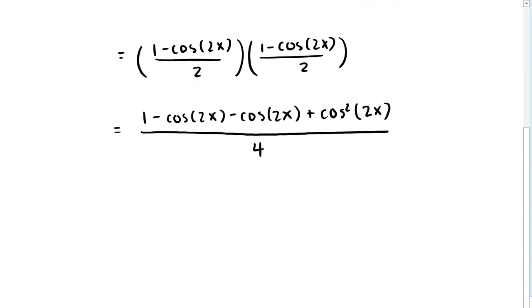And so here, we're almost there. The only problem is that now we have this even power of cosine, right? So we want to use the power reduction identity again. But maybe before we do that, let's clean this expression up a little bit. So maybe I can split this up as 1/4. This 4 in the denominator is saying divide all of the terms in the numerator by that 4.